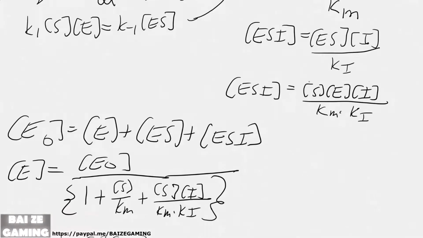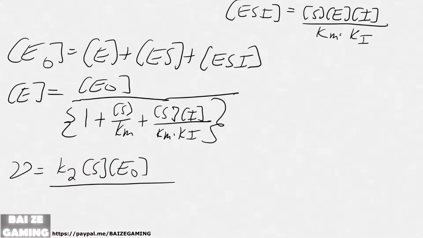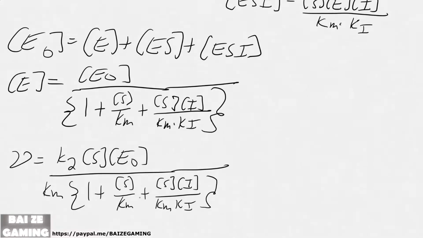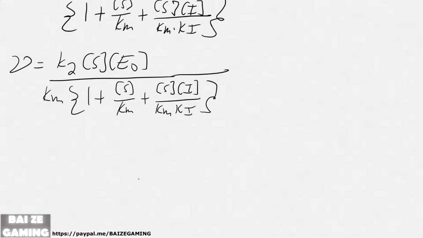So there was a Km there. Okay, and we can just distribute the Km throughout the bottom.